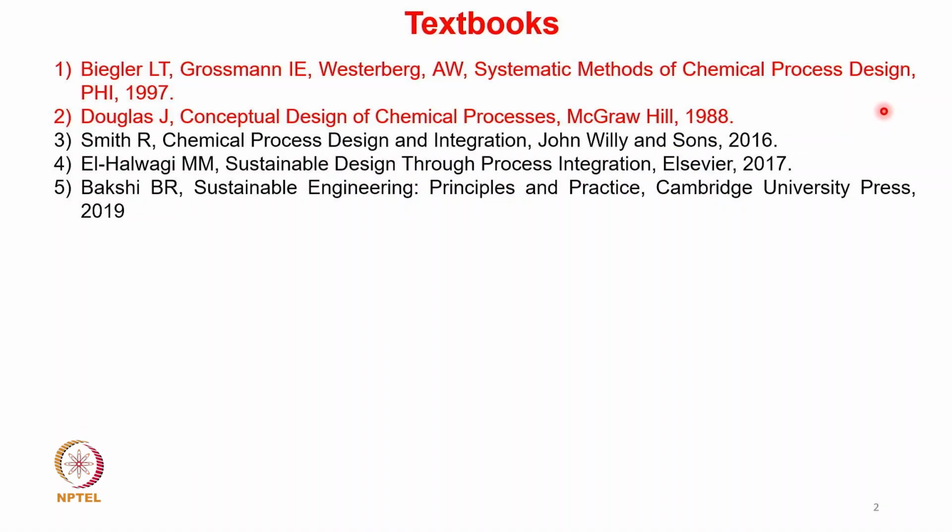The key resource here is reference one, written by Biegler, Grossmann, and Westerberg, Systematic Methods of Chemical Process Design, and to some extent reference number 2, Douglas J, Conceptual Design of Chemical Processes. These would be the key resources in this part of the course content.